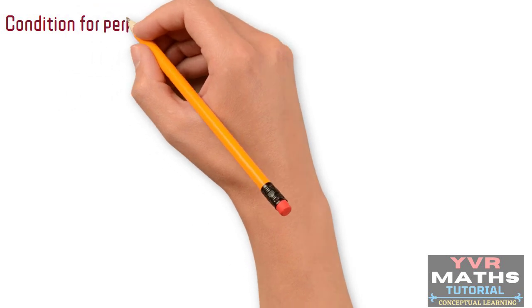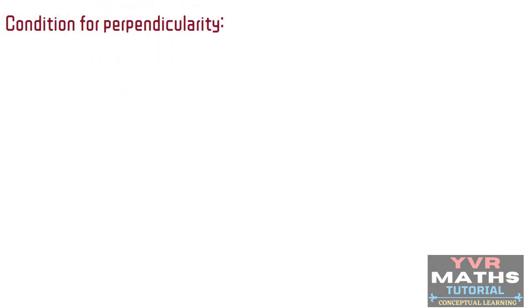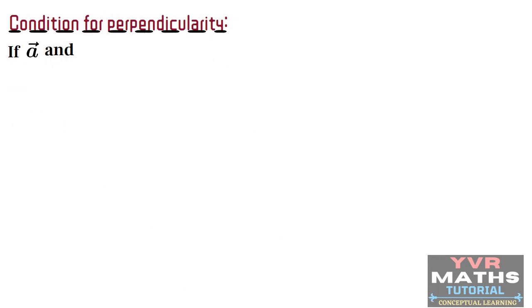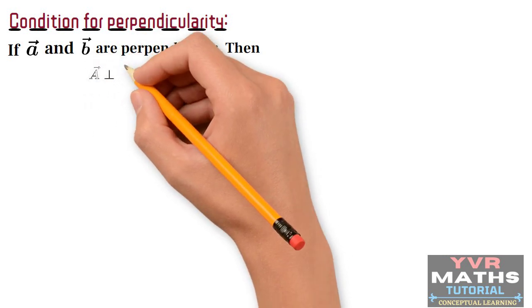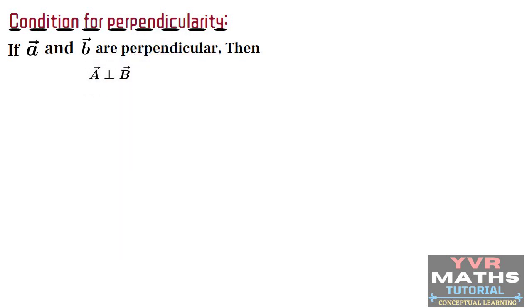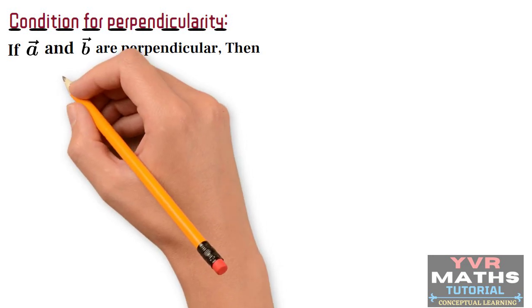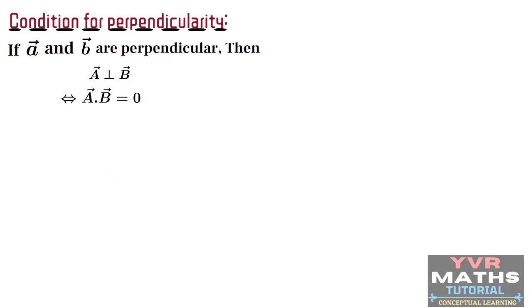Condition for perpendicularity. If A bar and B bar are perpendicular, then the vectors corresponding to A bar and B bar are also perpendicular. That means capital A bar is perpendicular to capital B bar. If two vectors are perpendicular, then their dot product is 0. That implies A bar dot B bar is equal to 0. Now I will substitute the A bar vector and B bar vector here.